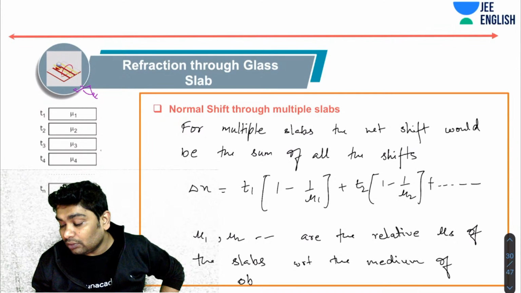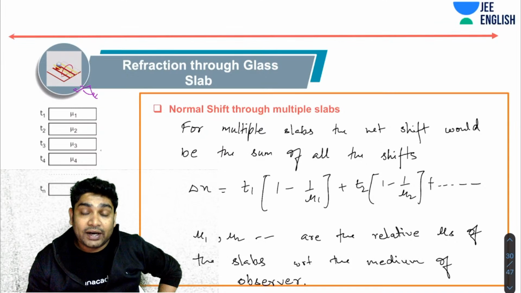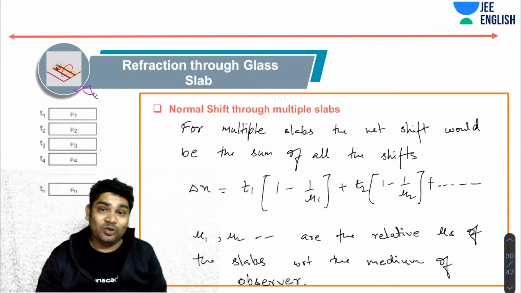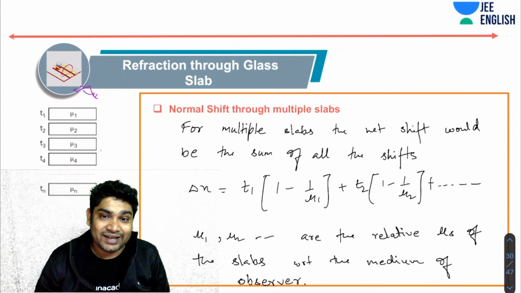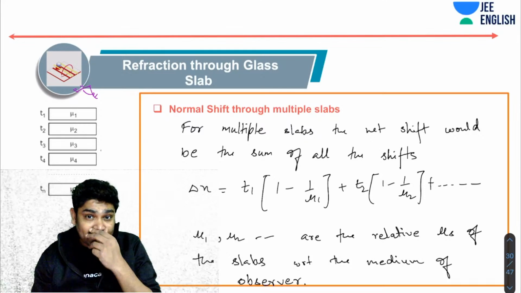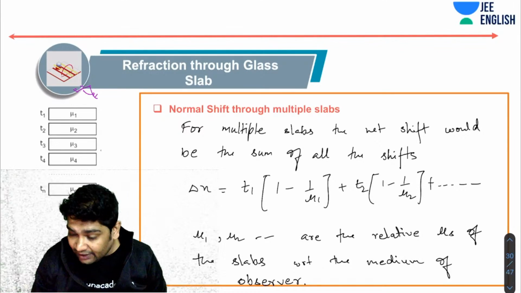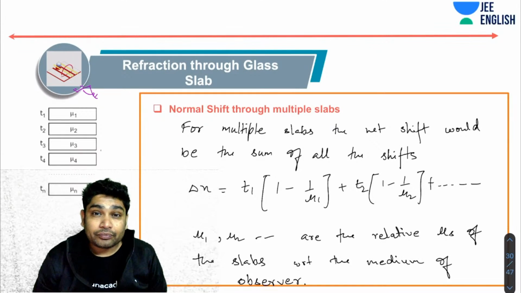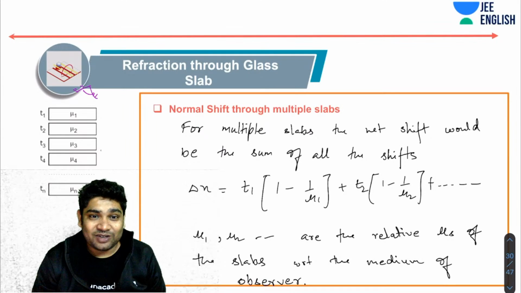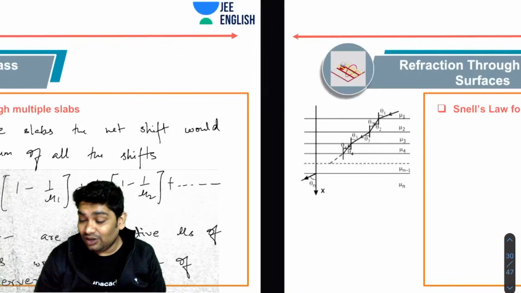This is very, very important. Whatever you are trying to find, the shift will happen with respect to the medium of the observer. What you can realize is that in the medium of the observer, every length can be shifted and converted into a single medium. Please note that.